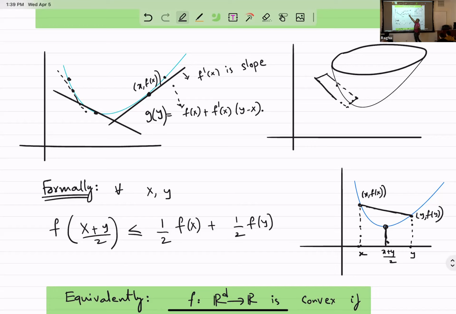I'm just kind of interpolating. I know the slope. I know the point x comma f of x. So if I substitute y equals x, it passes through the desired point. Okay.